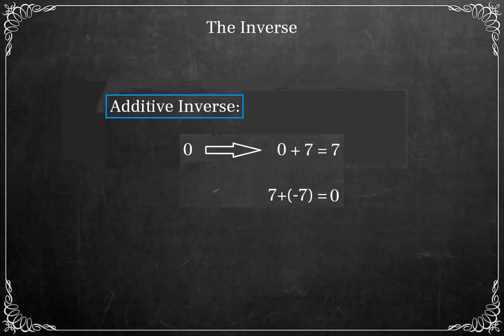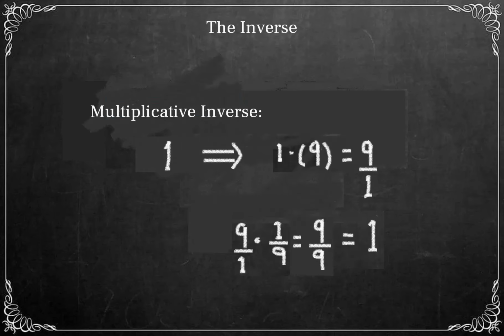So mostly, for an entire football game, we're doing and undoing operations. To underscore that idea, another example, the multiplicative inverse. If we begin with the number 1, the original value, multiply it with 9, returns the rational number 9 over 1.